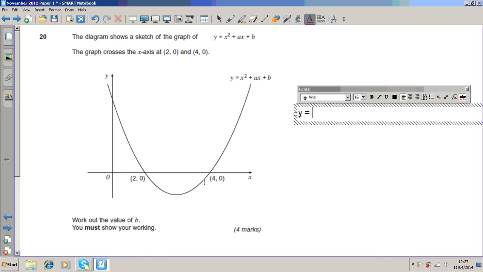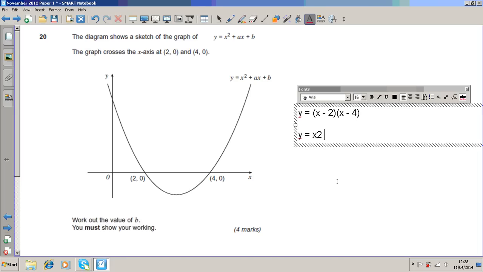So, if it crosses at 2, 0 and 4, 0, then it means that (x minus 2)(x minus 4) is the equation, because if x is 2, then this bit is 0, which is why the other one is 0, and if x is 4, then the top bracket is 0, which means the whole thing is 0, y is equal to 0 there. So that's my equation.